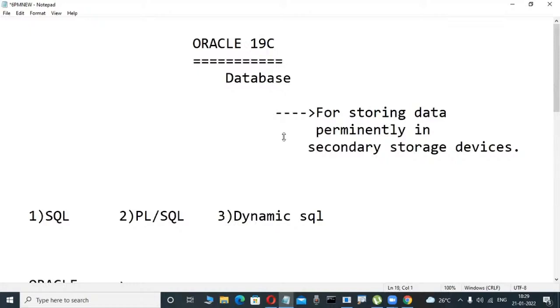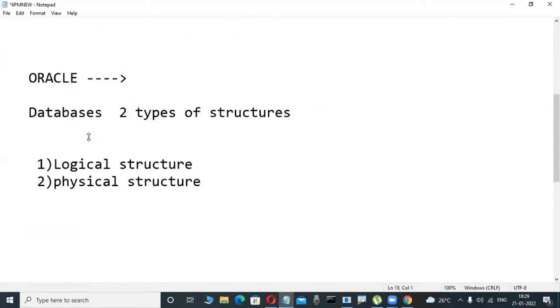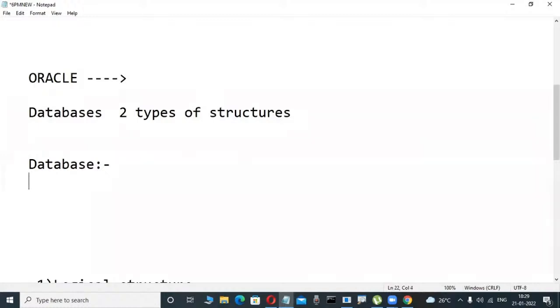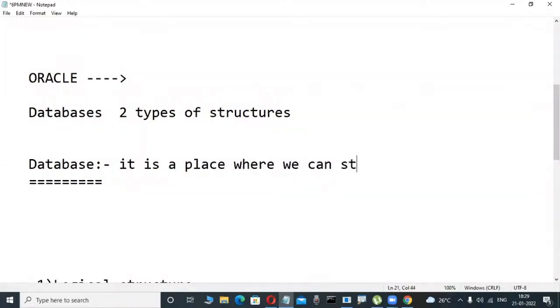Before we tell what the logical and physical structure is in these database software, let's look at the database definition. In books, many people write it like this. Today at least you will understand. What is a database? Anybody looking in Google or in books will see it is a place where we can store a structured collection of data.